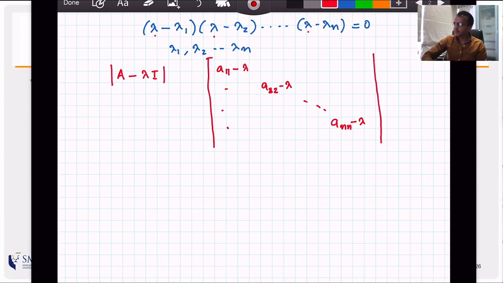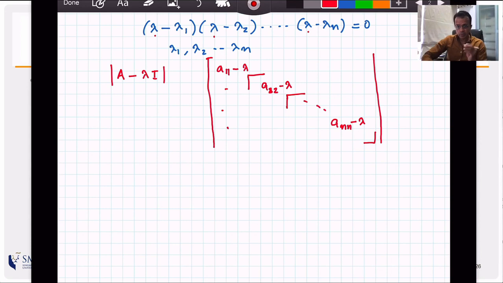If I expand it, the lambdas will come only from the diagonal, so that's the only place where you have lambdas. And if I expand that, there will be a term, because if I am expanding it along the first row, the minor is actually the determinant of this guy here, and then that determinant will have another minor that is here. So all the minors will have the leading element, which is aii minus lambda.